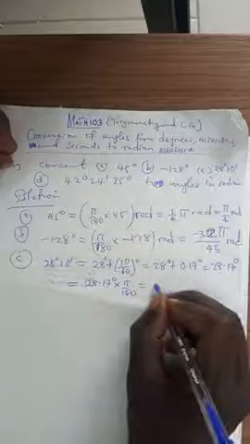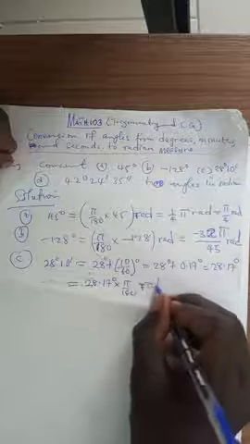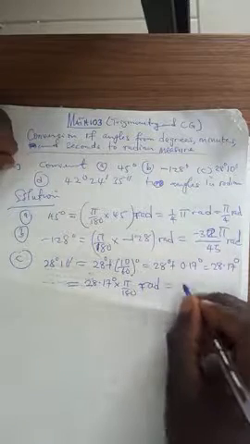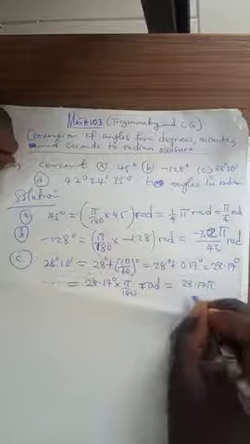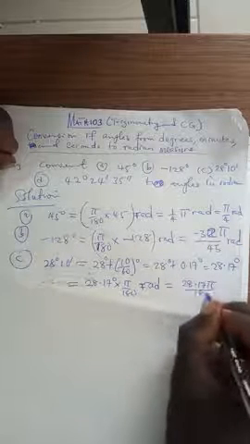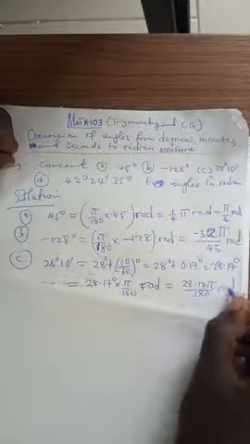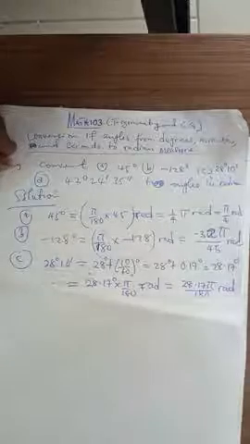After the division, the answer is going to be in radian, and this is going to be 28.17 pi over 180 in radian. You can further use a calculator and divide.